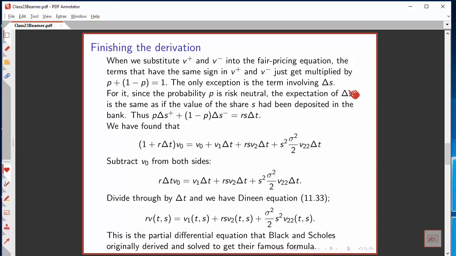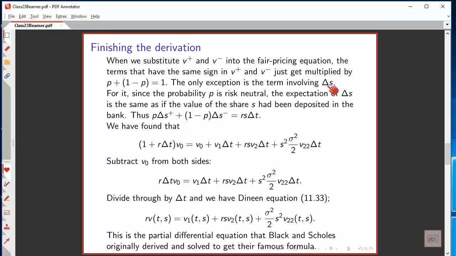We substitute v plus and v minus into the fair pricing equation, and I'm not going to go back and check all the algebra in detail. The terms that have the same sign for price going up or price going down, not surprisingly, just get multiplied by 1, the sum of the probabilities.